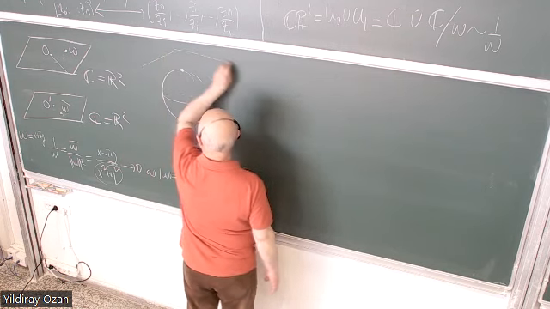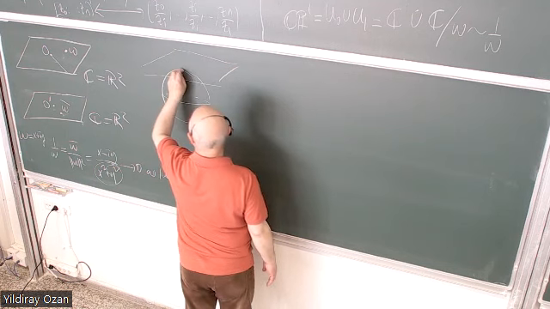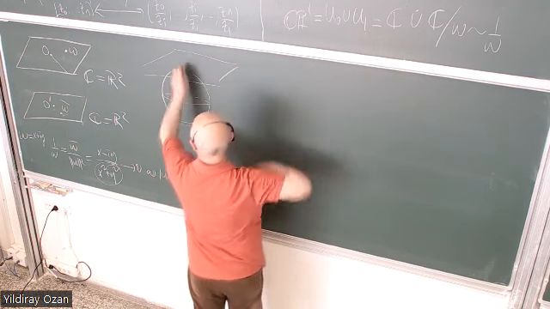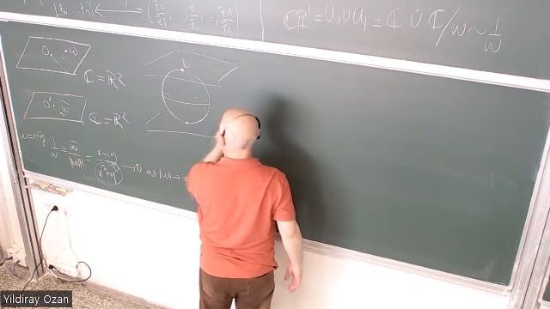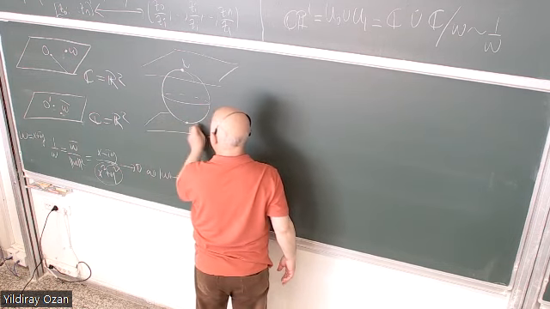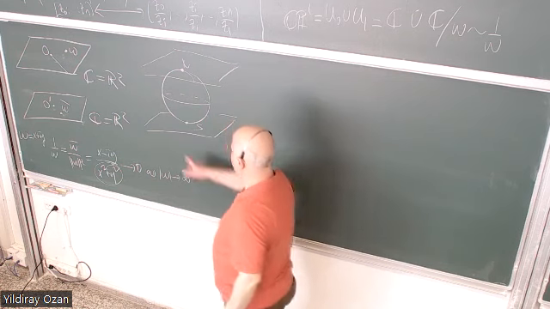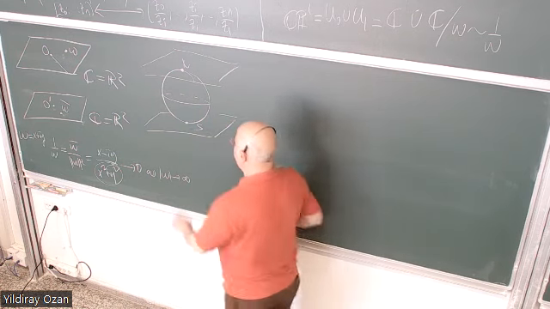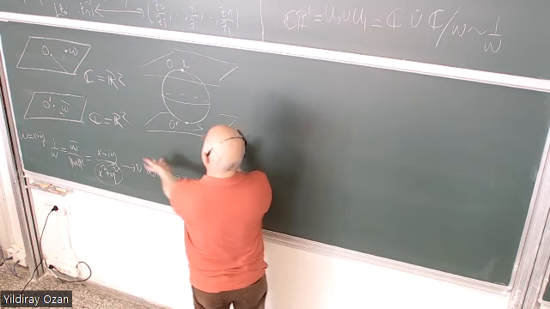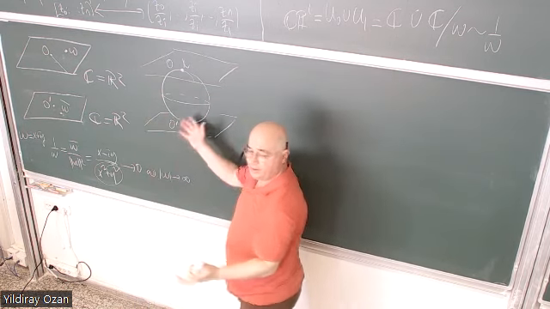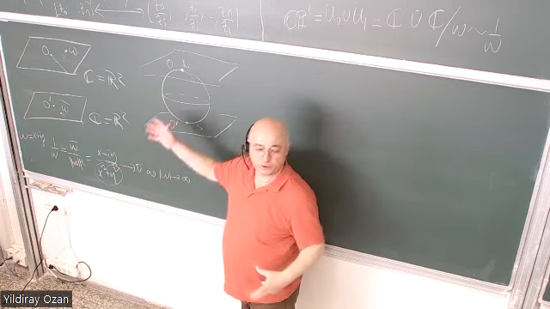This is one copy of the complex plane, and this zero corresponds to the North Pole, and another copy of the complex plane where the South Pole corresponds to O prime. So this is O, this is O prime, and then you just bend this plane over the two spheres.